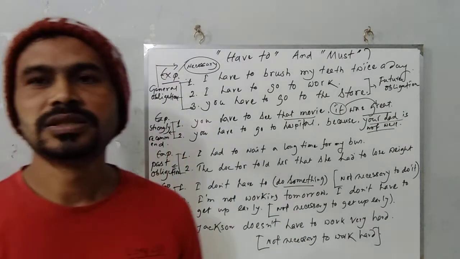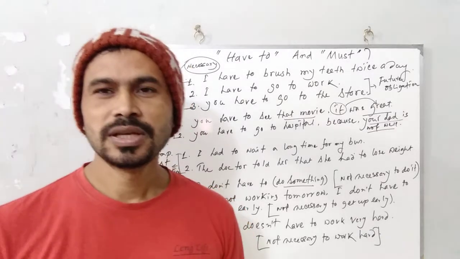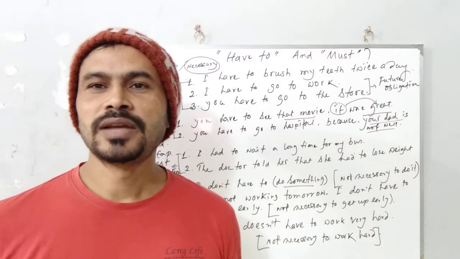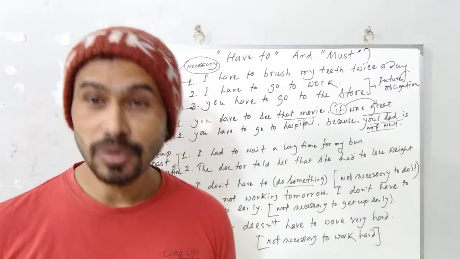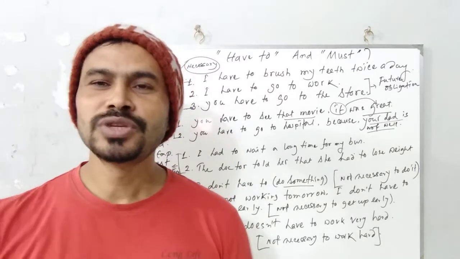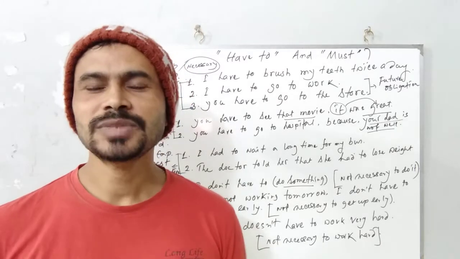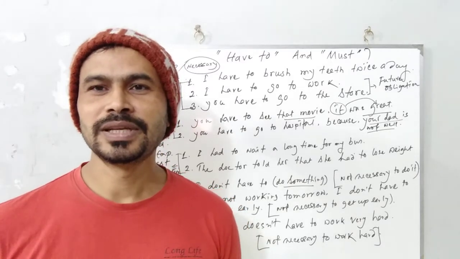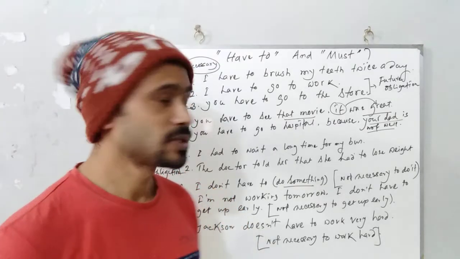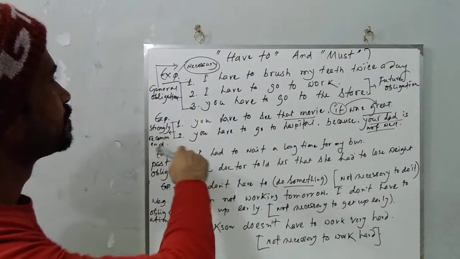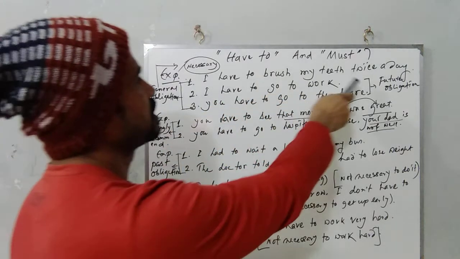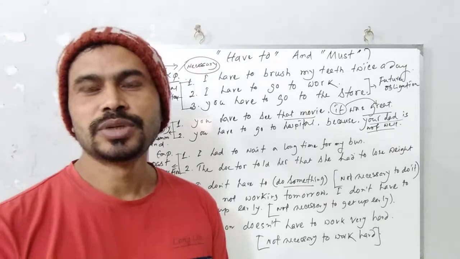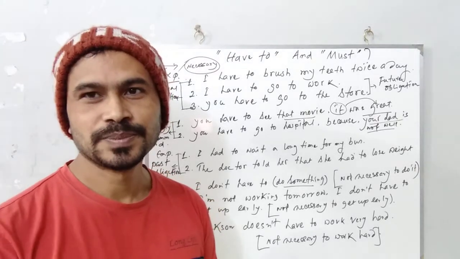Have to means general obligation, or we can say necessary to do something, or future obligation. So let's see its reflection in sentences. Number one, I have to brush my teeth twice a day.